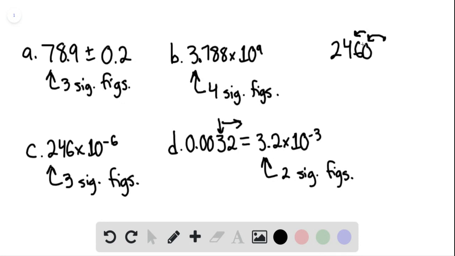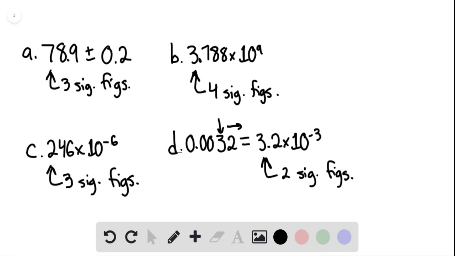Then we encounter a 6, which is significant, which means that everything before that 6 is now significant. So here we have 3 significant values, even though this is a value that is in the thousands. So it doesn't matter. When you don't see a decimal point, you're starting from the right. When you see a decimal point, you're starting from the left.